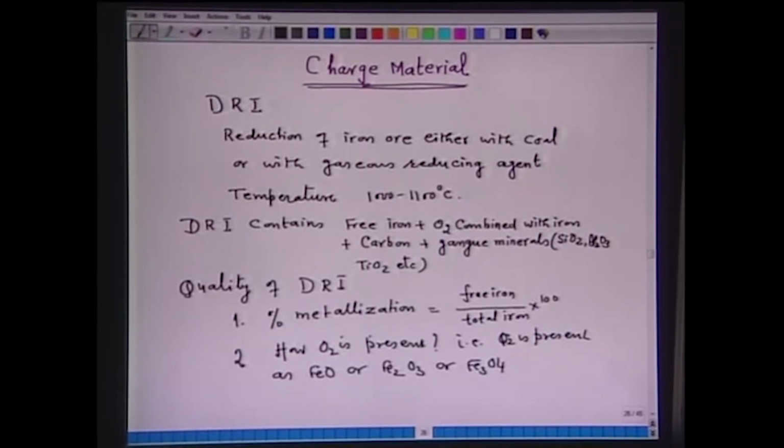So, this is also important, that is, in which form oxygen is present in combination with the iron, FeO, Fe2O3 or Fe3O4, because any oxygen which is with the gangue mineral cannot be removed and is not removed. That point should be clear. What removal of oxygen we are talking about is the removal of oxygen from Fe2O3.